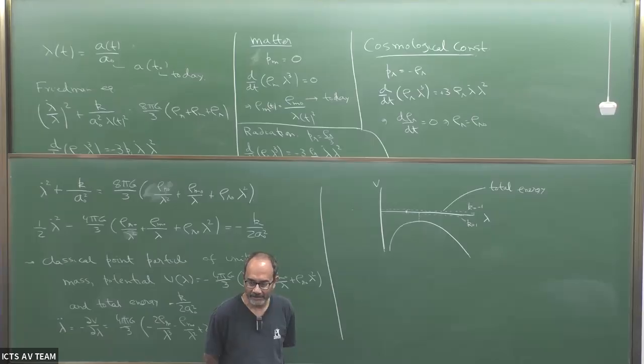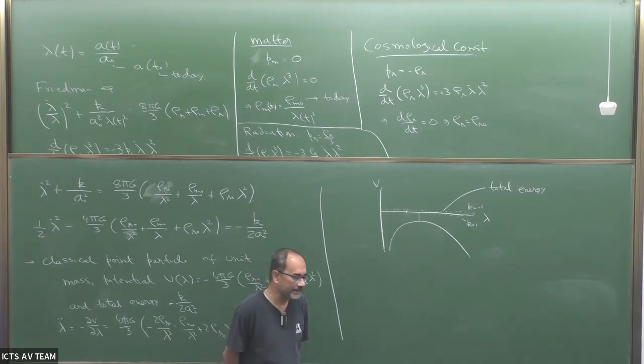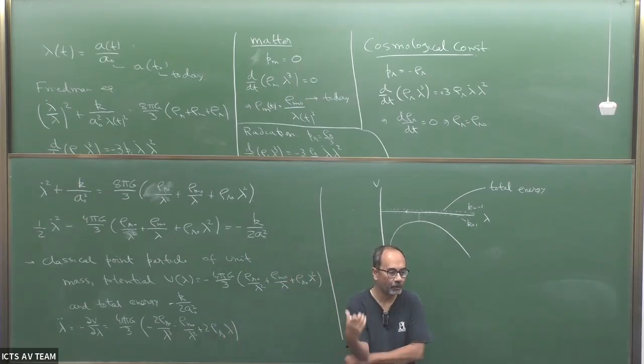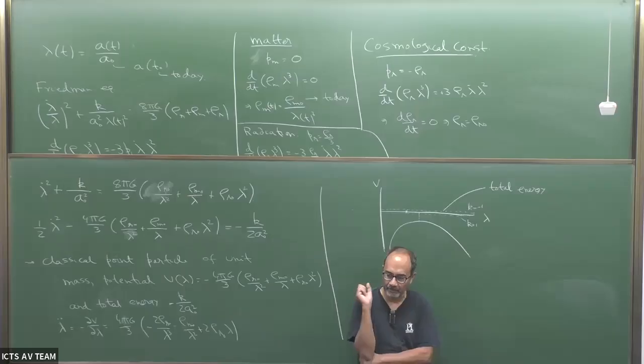Yeah, so minus del V by del lambda should be positive. Because see, it's accelerating, which means that lambda dot is increasing. So lambda dot can only increase at the cost of V lowering, because half lambda dot square plus V is constant.